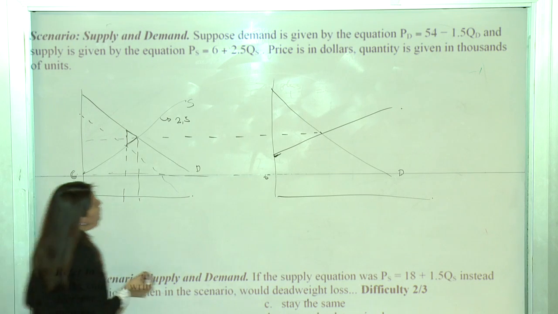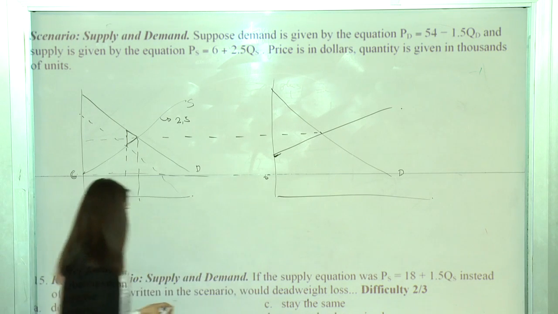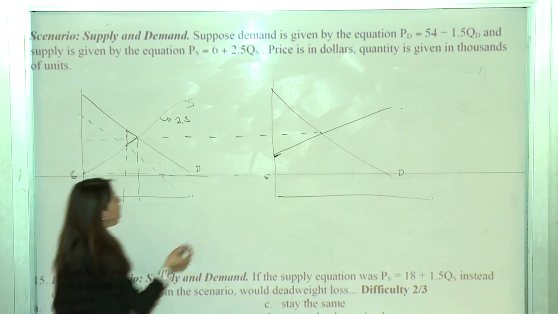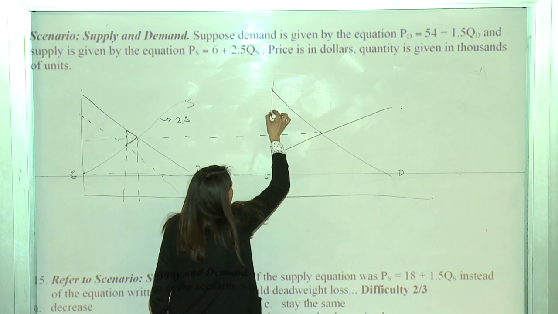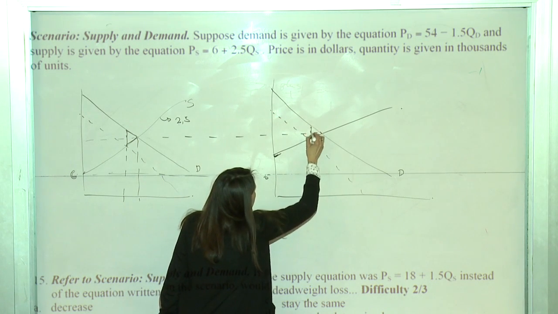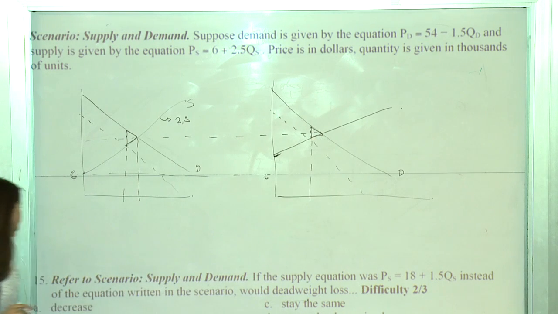And here, if there is a tax, what do you think happened with the deadweight loss? Decrease, increase, or stays the same?